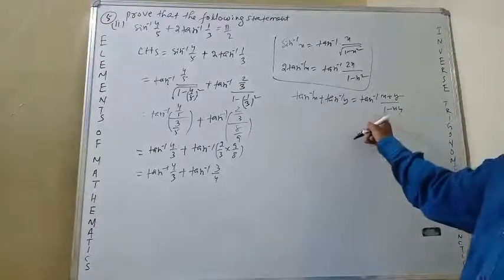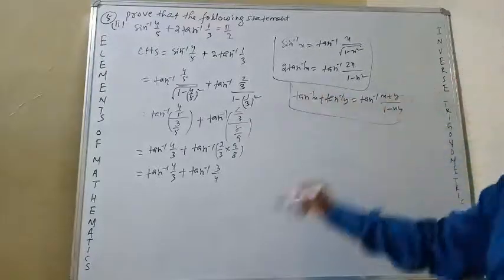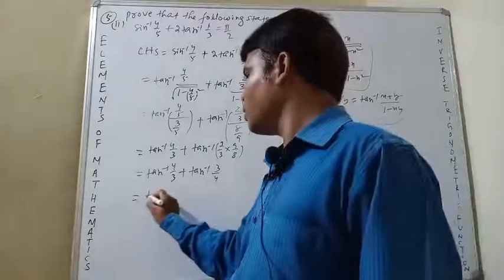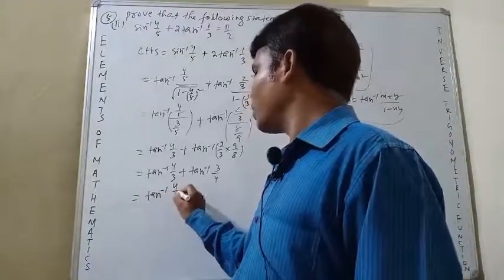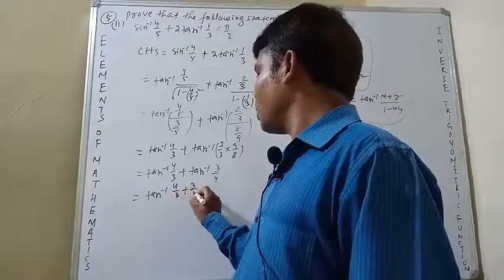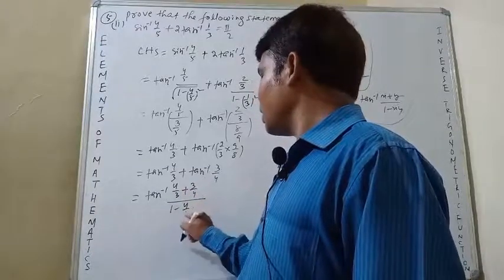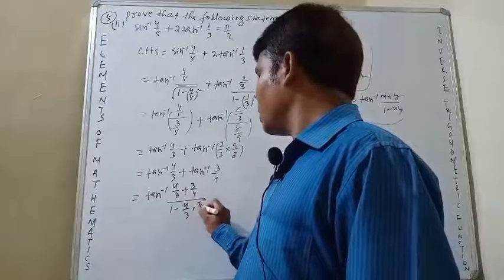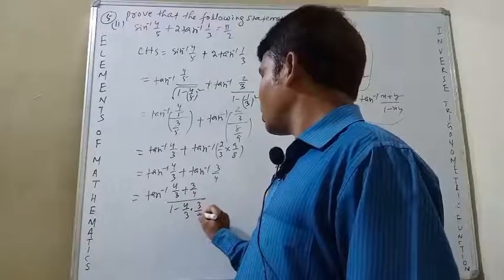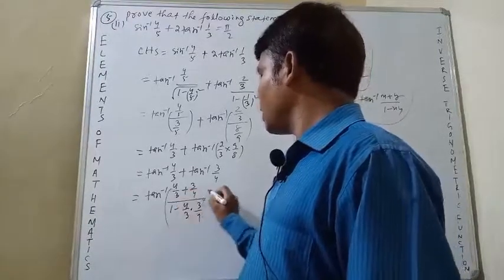Next I can use this formula. So this is equal to tan inverse of 4 by 3 plus 3 by 4, divided by 1 minus 4 by 3 into 3 by 4. The dot means multiplication.